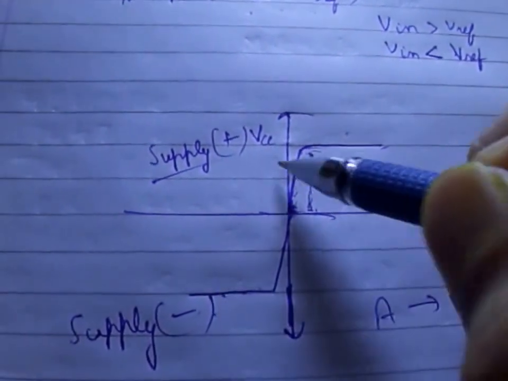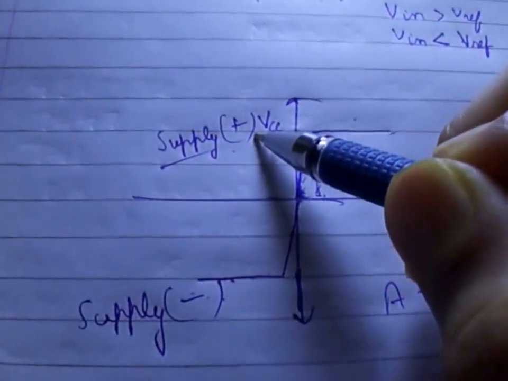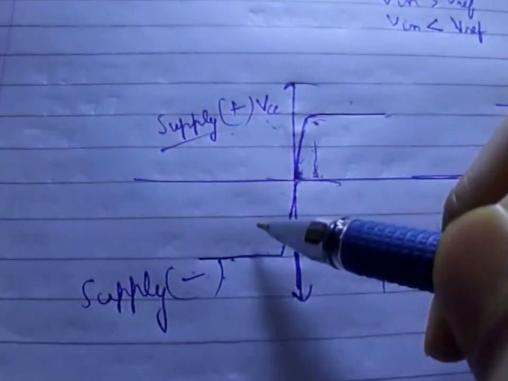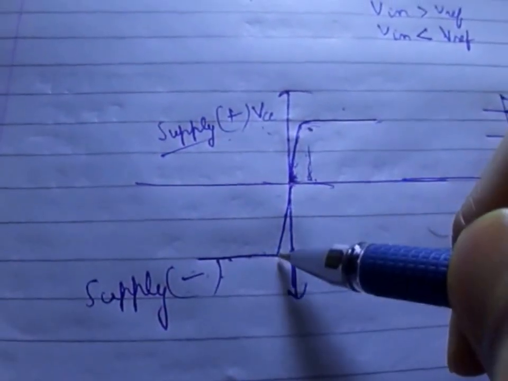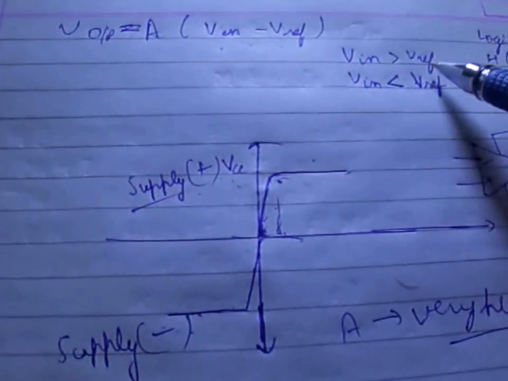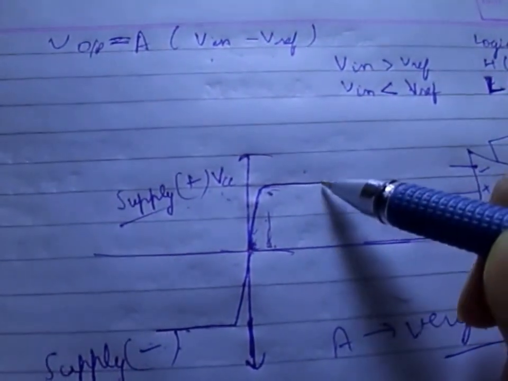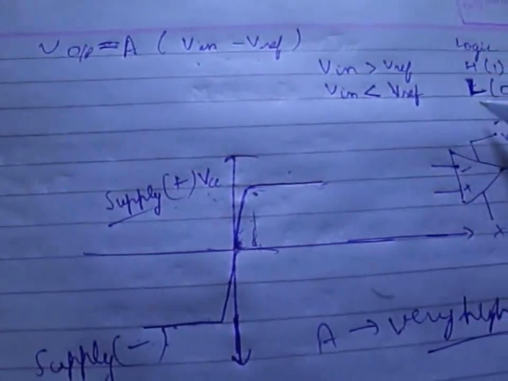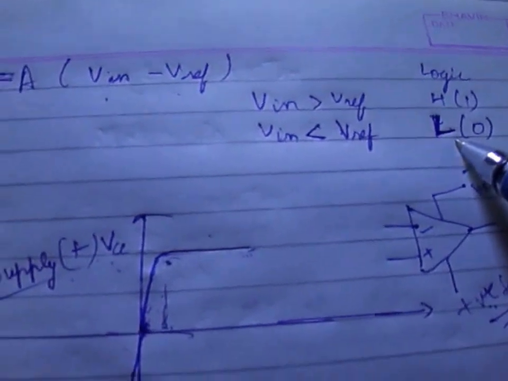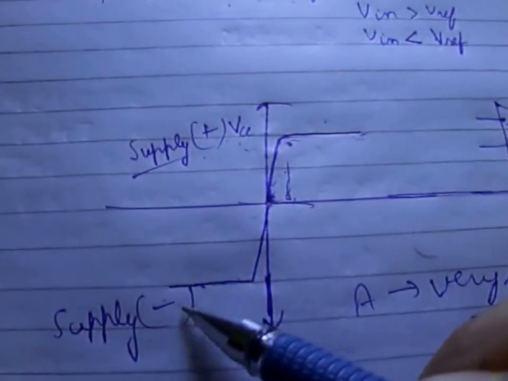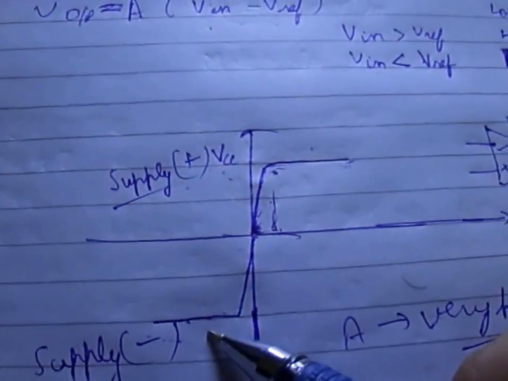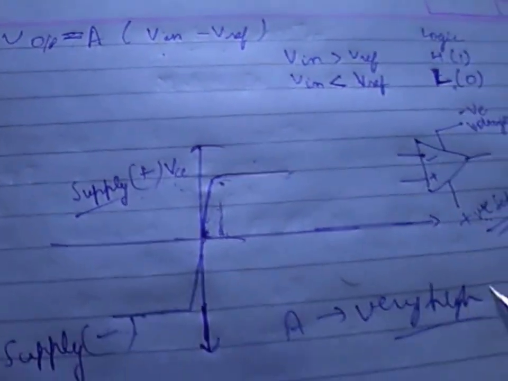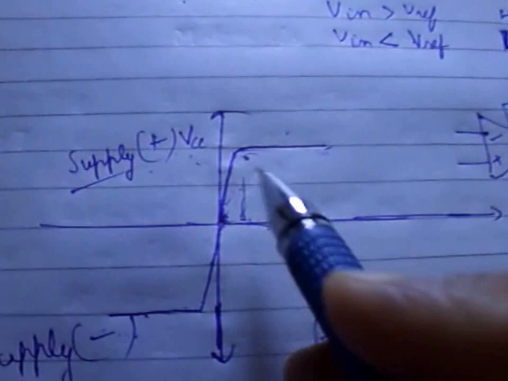It can only go till the supply voltages, that is the positive supply and the negative supply, that is the range. So if this is logic 1, then we get something like this, and if there is logic low, that is 0, we get an output value like this.